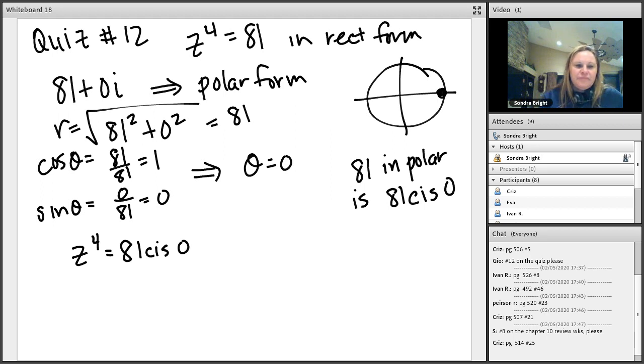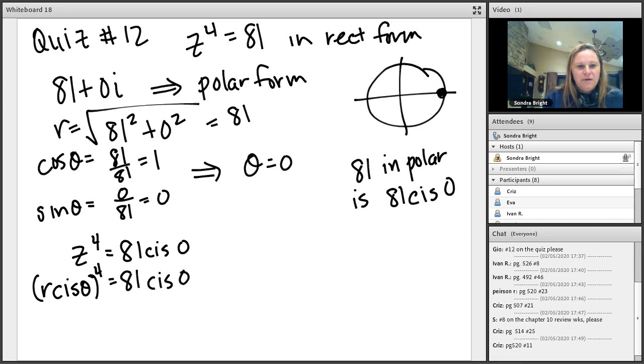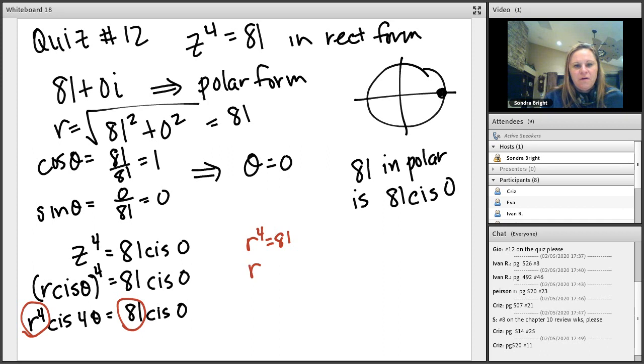I'm going to let r cis theta be a root, which means r cis theta to the fourth power is equal to 81 cis 0, which then means r to the fourth cis 4 theta will equal the 81 cis 0. And for this to be true, that means that r to the fourth must equal 81. And if r to the fourth equals 81, then r is equal to 3.